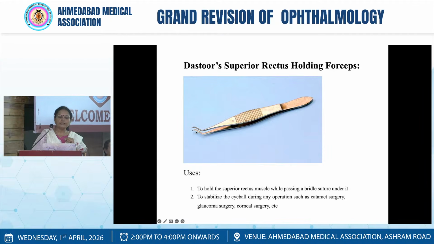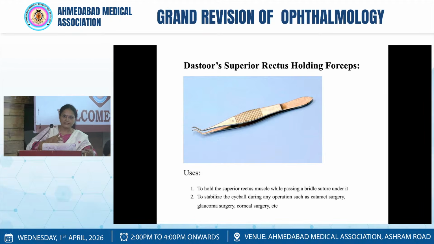Then the superior rectus holding forceps. So this is very stout as compared to other tying forceps, to hold the superior rectus muscle. So while we have to pass the bridle suture to the superior rectus, if you can pass the suture and hold it with the artery, the eyeball turns down. So it should be useful in which cases?